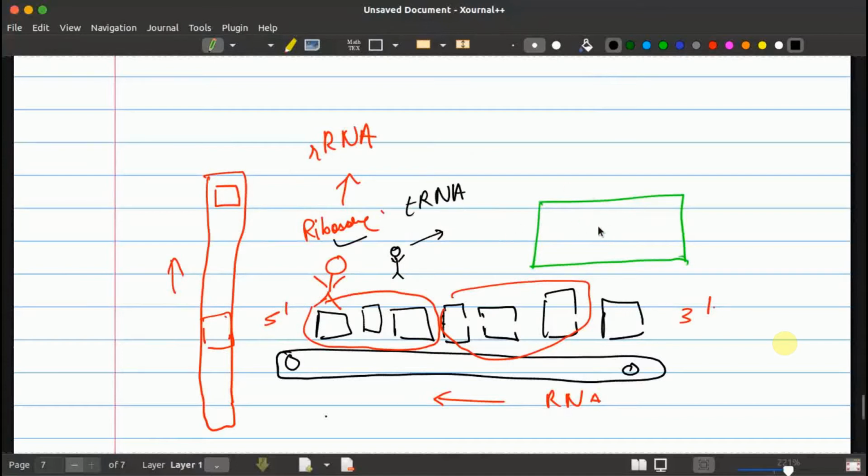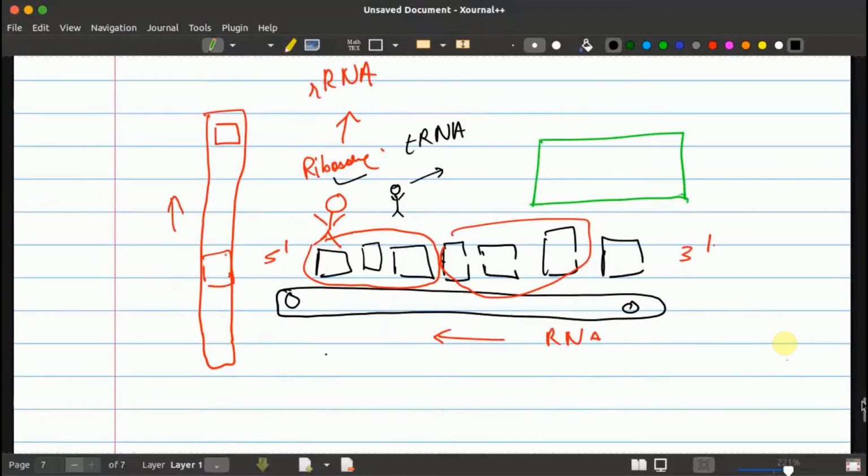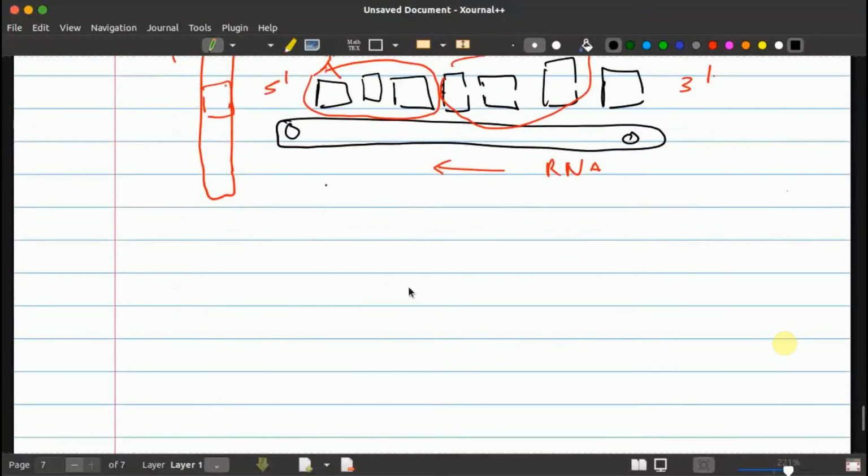And what is this warehouse? It is basically all of this is happening within what? Nucleus. No, wait. This is happening in your SER and RER, that is smooth endoplasmic reticulum and rough endoplasmic reticulum.